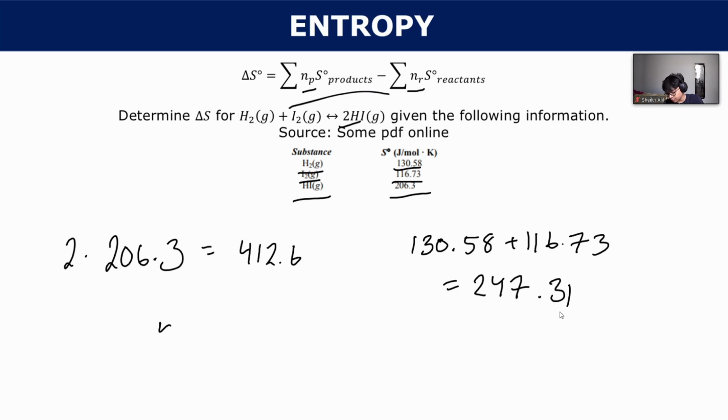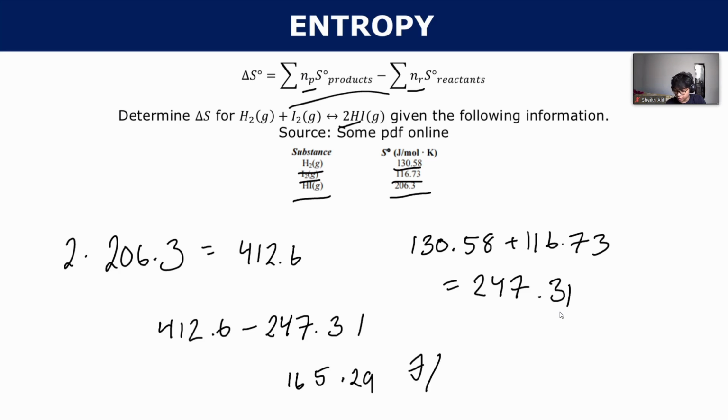So you would do 412.6 minus 247.31. If I plug that into my calculator, we are going to get 165.29. And it's going to be in joules per mole times Kelvin. And that is our answer.